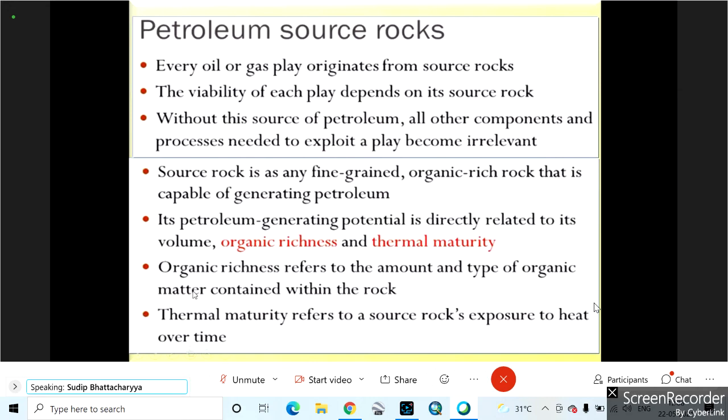So thermal maturity is an important term, and these are very important correlation terms. Thermal maturity is there, but if organic richness is not there, then it is not viable. And if organic richness is there, but thermal maturity is not there, that is also not viable.